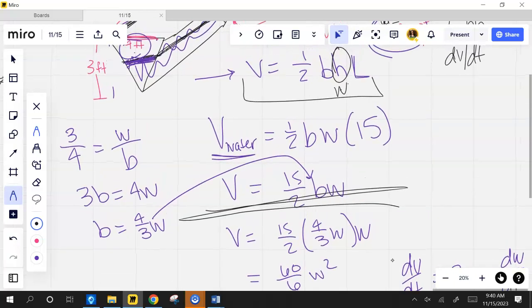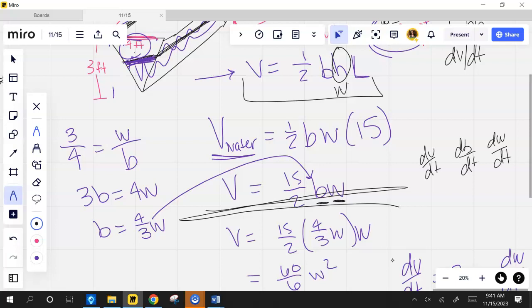I knew that when I took the derivative, I was going to end up with a dV/dt, a dB/dt, and a dW/dt.